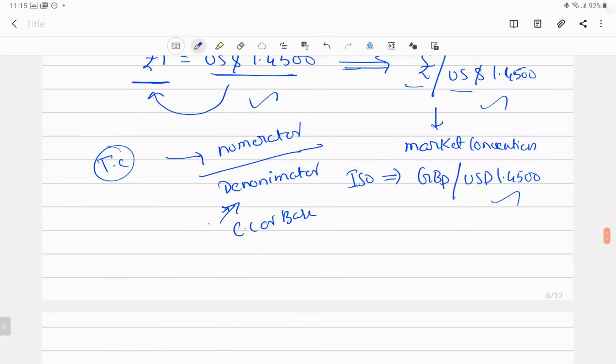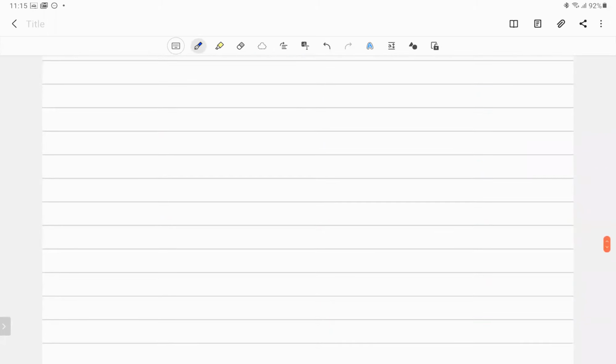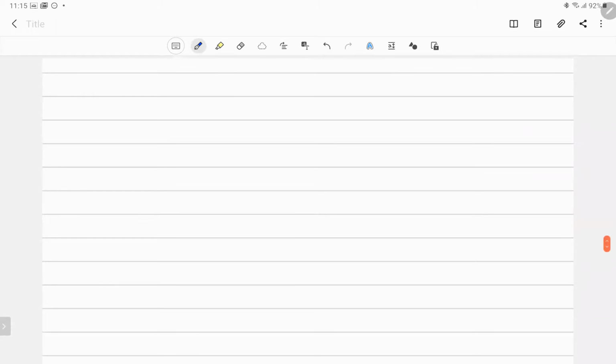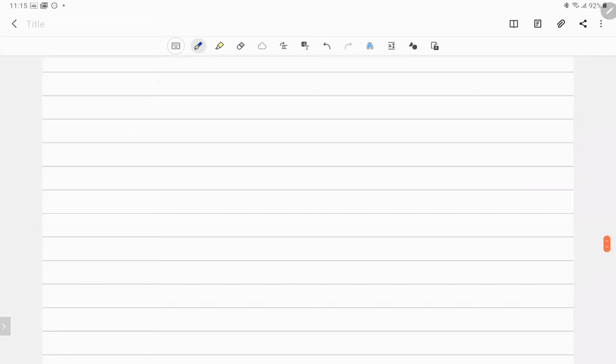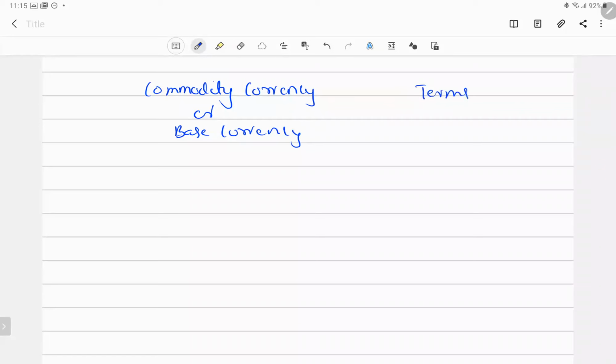In the same way, in the exchange rate quotation, what I have said is that one is your commodity currency, or I can say the base currency, and one more is your terms currency. These are very, very important for your interpretation part.